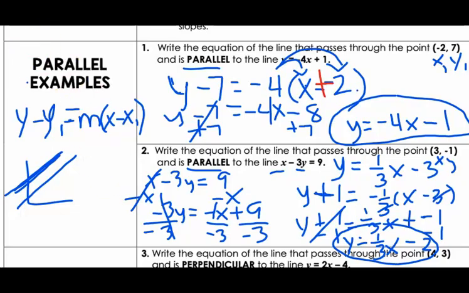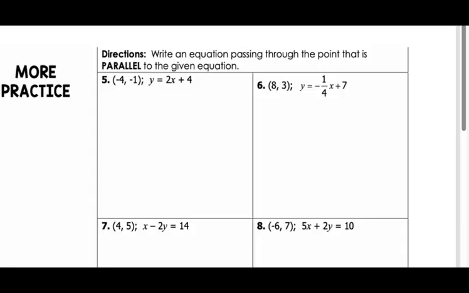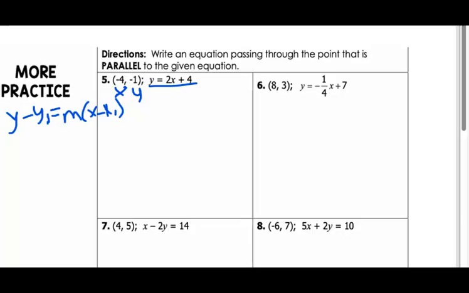So we're going to do perpendicular on Wednesday, but let's practice this one. All right, this is the third paper. So there's a lot of steps here. We're going to use the point slope formula, y minus y1 equals m times x minus x1. So this one's not bad because it's already in y-intercept form.